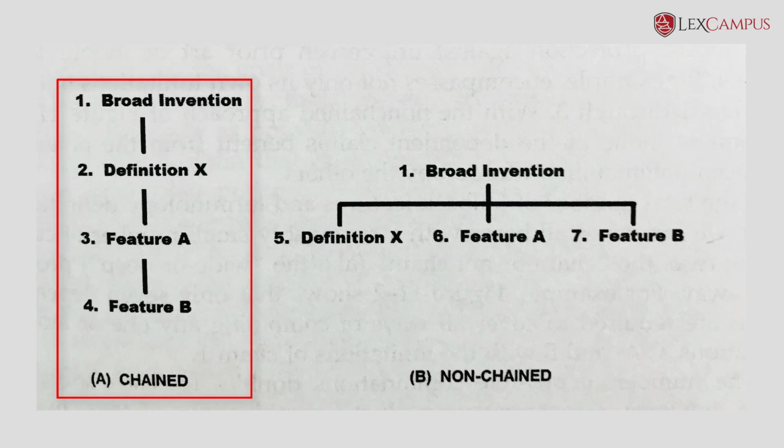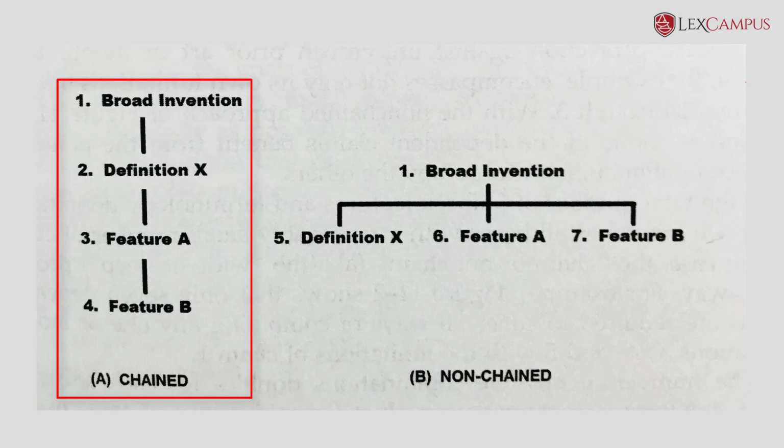So this is called the chained arrangement. When you have a series of dependent claims flowing out of a main claim, you follow the chained arrangement, and we had seen it in a couple of examples. So the broad invention is followed by definition. You define element X in claim 2, which is a dependent claim. In claim 3 and claim 4, you bring out features A and B of what you had defined in claim 2 of element X. Now that's the chain arrangement of claims.